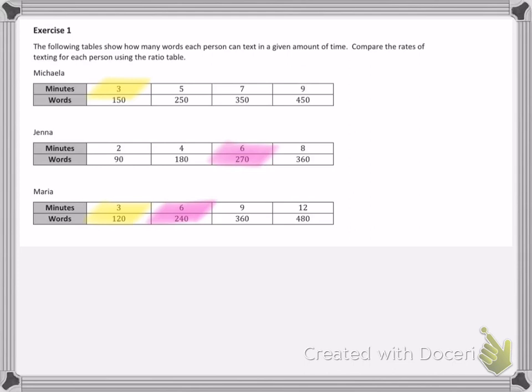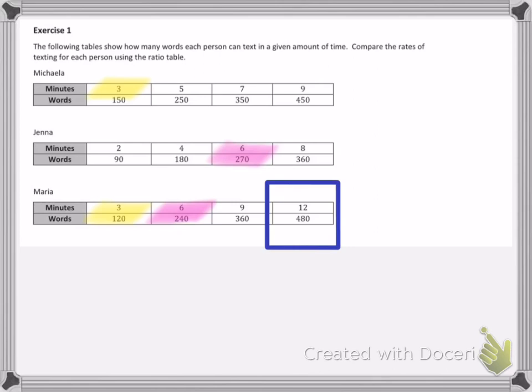Is there a number that I could change all of these to so that they're all the same? In other words, can I maybe make all of them a 10 or 11 or 12? Well, I think that 12 is going to work. If you look here, we've got 12 minutes.